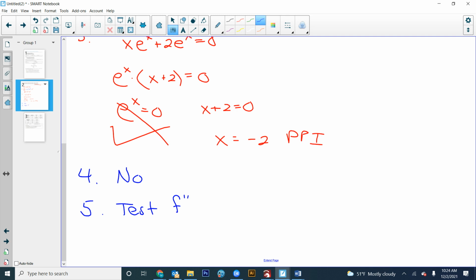The second derivative, it's not really called f double prime, it's the second derivative, which I like in the form of e to the x times x plus 2. You're going to find out that might be nicer to test it in that form.